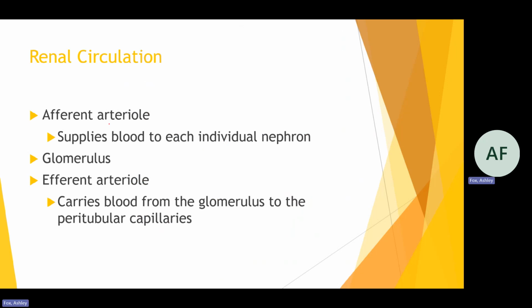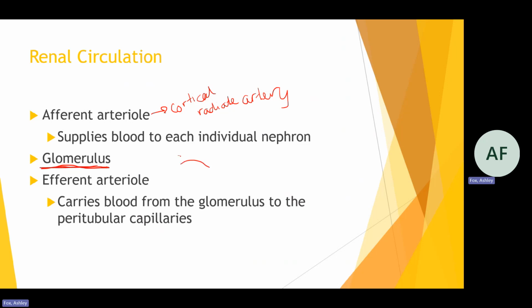So again, the afferent arteriole off of the cortical radiate artery supplies blood to each individual nephron, and specifically is going to supply blood to each glomerulus.